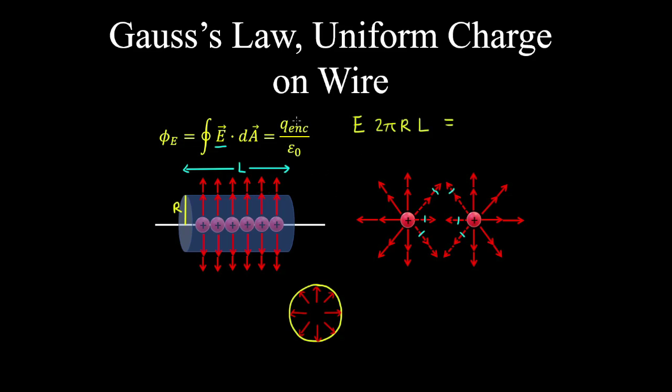That's equal to the enclosed charge in that surface, which is the linear charge density times the length of the cylinder, divided by the permittivity of free space. Therefore the L's cancel, and the electric field is the linear charge density over 2 pi epsilon naught times the radius of the cylinder.